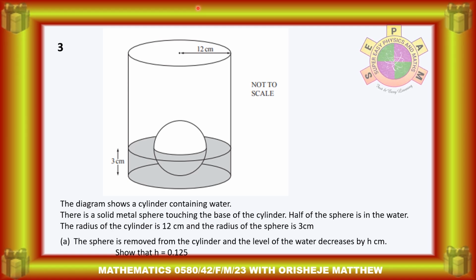The radius of the cylinder is 12 cm as shown, and the radius of the sphere is 3 cm. Now the question: the sphere is removed from the cylinder and the level of water decreased by h cm. Show that h is equal to 0.125. So we're going to prove this now.